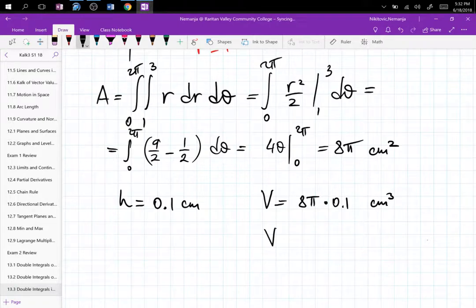So technically, this is 8 pi over 10, which is 4 pi over 5 centimeters cubed. And you can go and compute, right? So 4 times pi is about 12.5, and then you cancel that, and yeah.